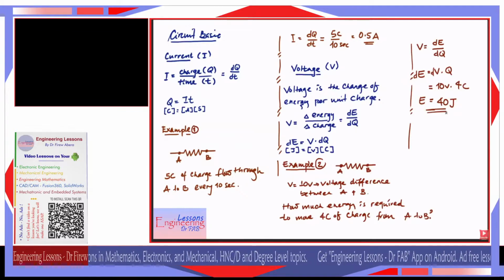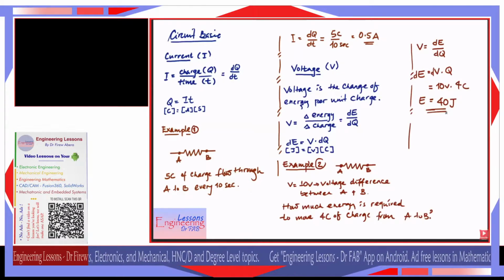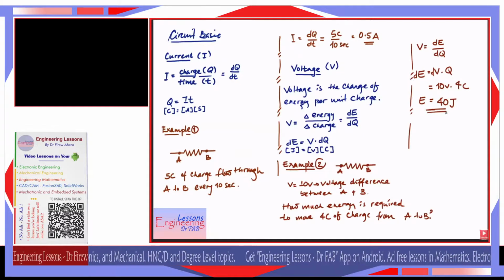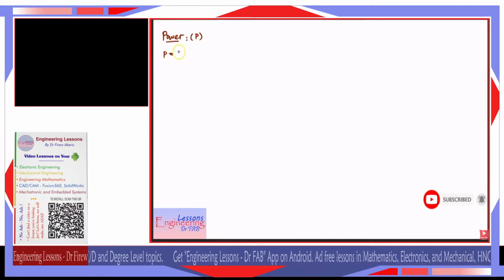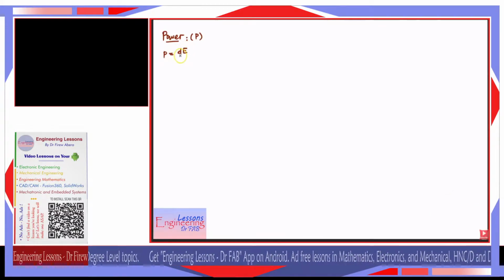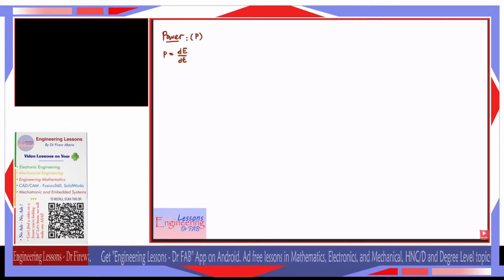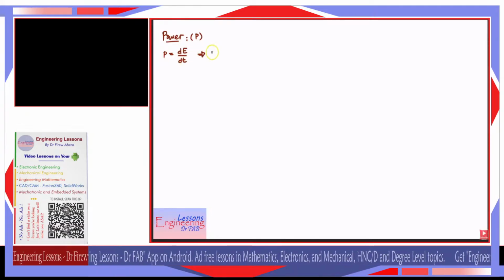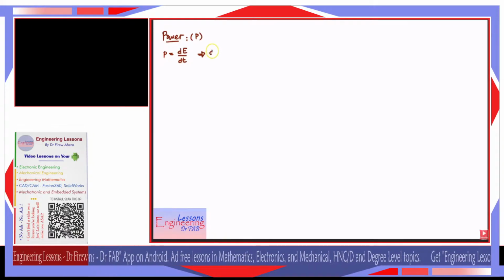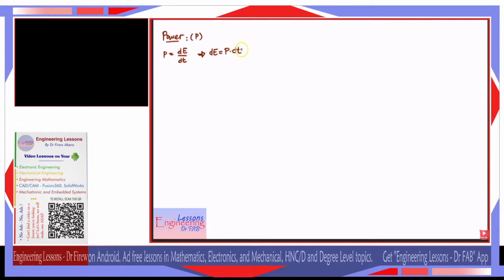The first terminology that comes to mind in the discussion of energy is the rate of this energy per unit time, which we call power, designated by the letter P. So power equals the change in this energy over unit time. We can calculate energy from this relation as E equals power times time.